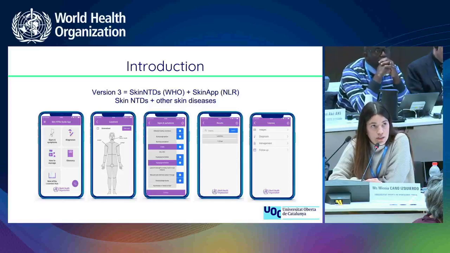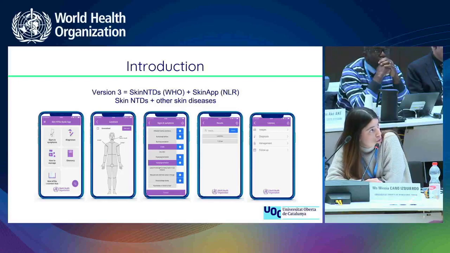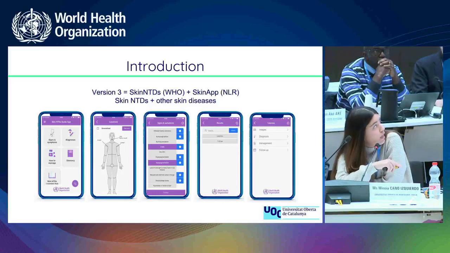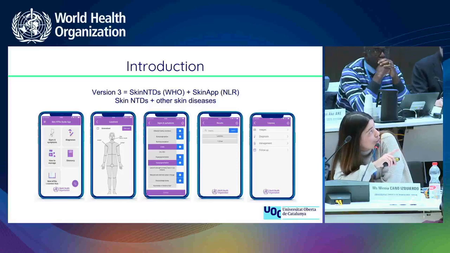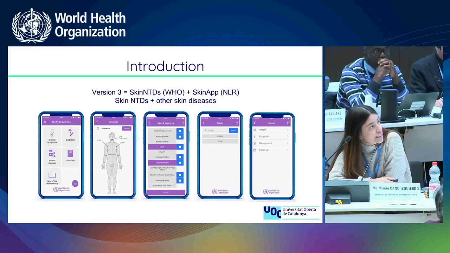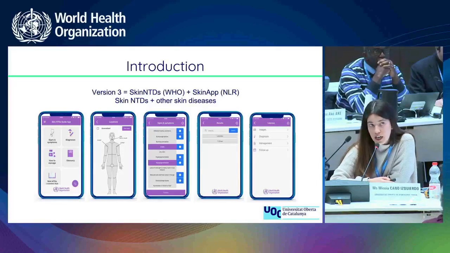Here you can see that it's quite easy to use. The user of the app only has to select the body parts where they can see the signs and symptoms, and on the next slide, they click on the signs and symptoms that they see on the patient, and the app comes up with the most probable disease.